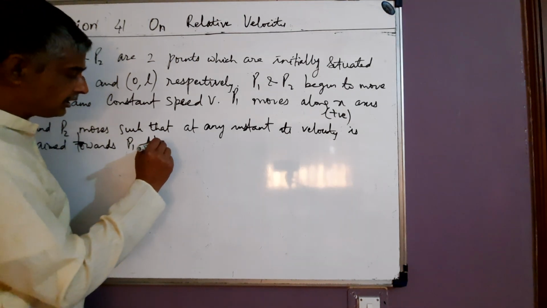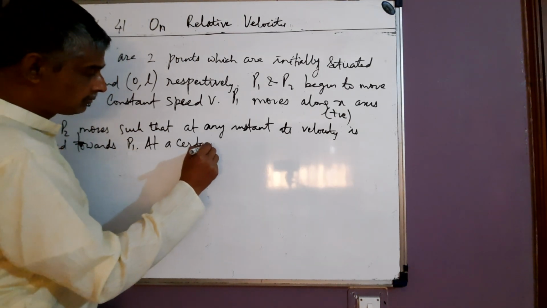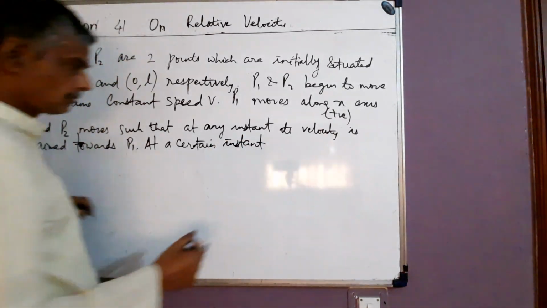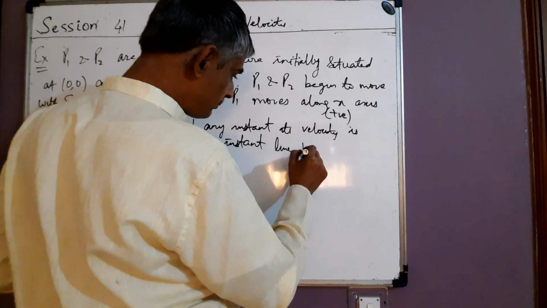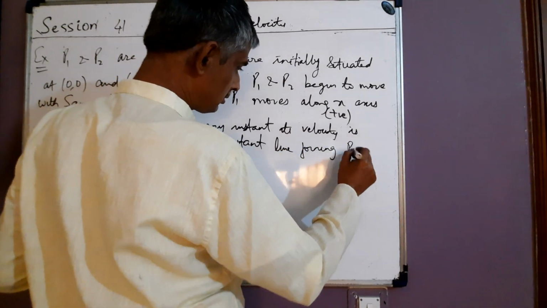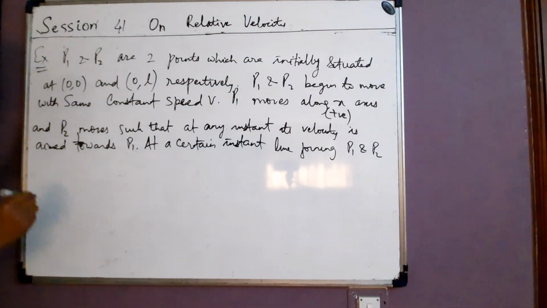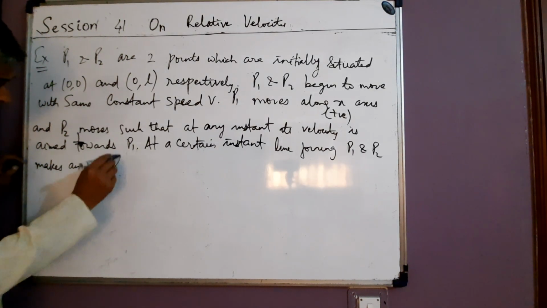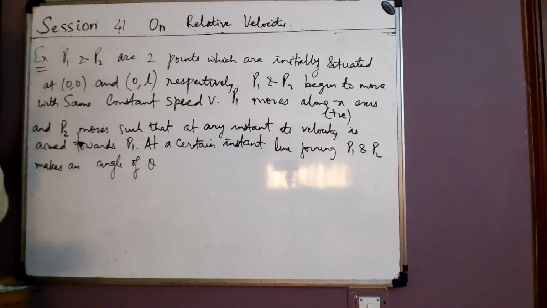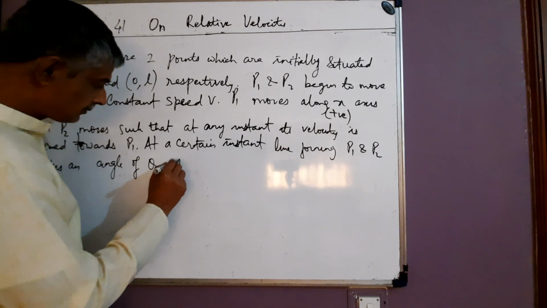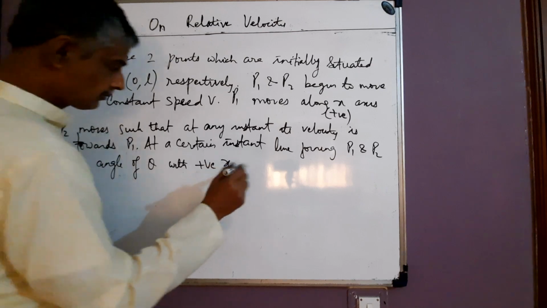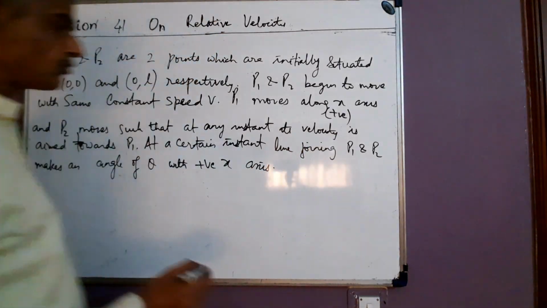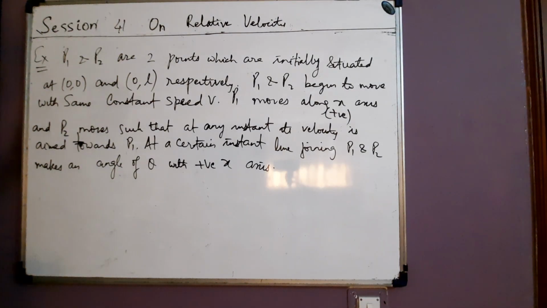At a certain instant t, the line joining P1 and P2 makes an angle of theta with the positive x-axis.